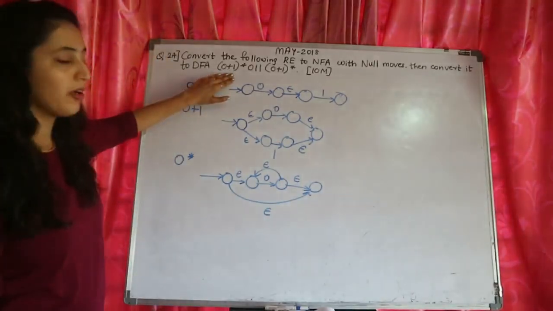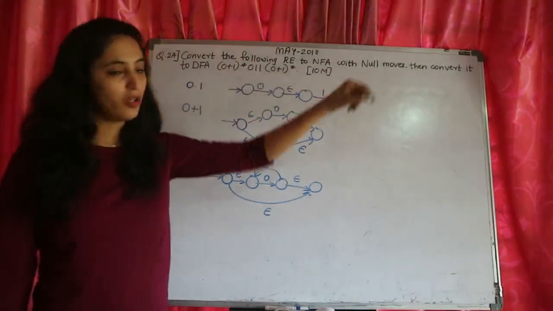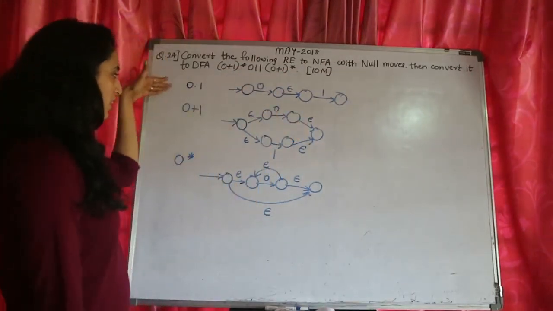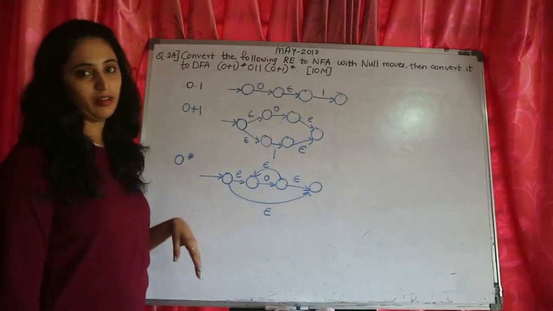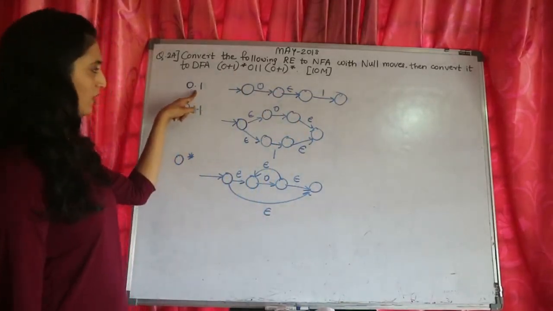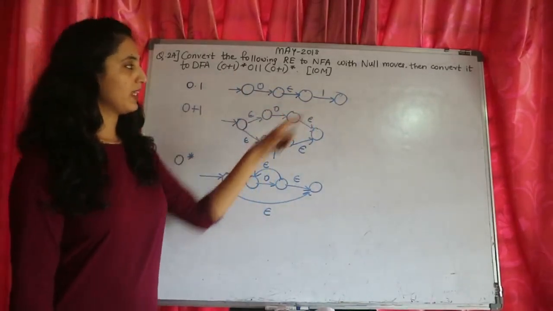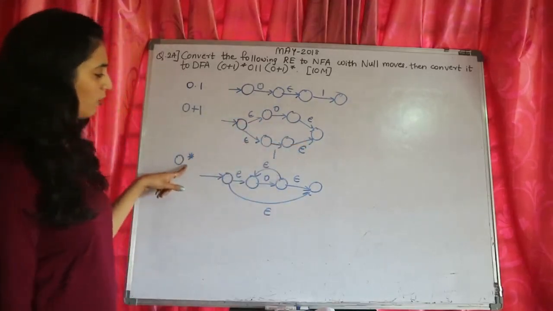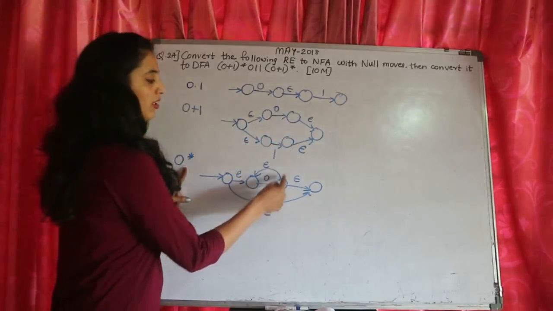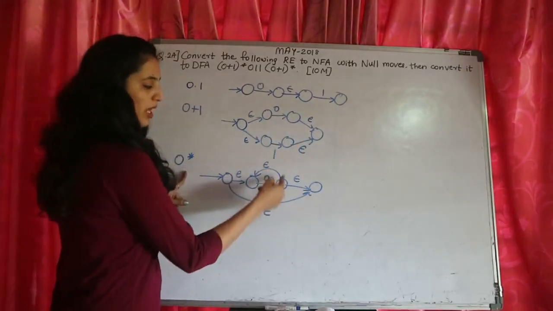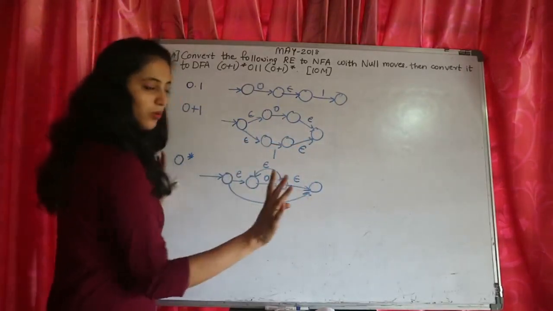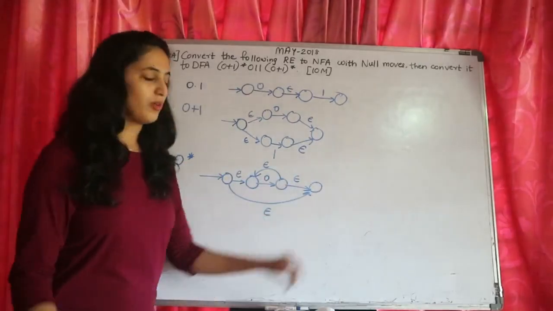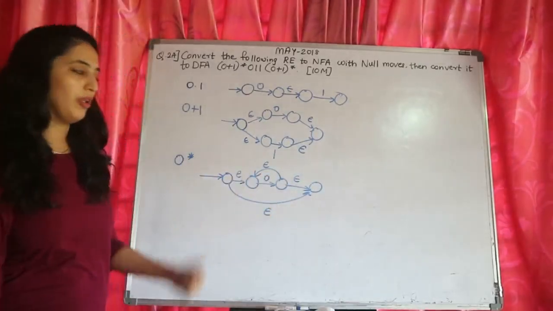Before converting any regular expression to an NFA with epsilon moves, we should know the different rules of converting it. If there is a dot, that is concatenation, we solve it like this. If there is a plus sign, we solve it like this. And if there is a closure, we handle repeated symbols, 0 many times or no occurrence, that is 0 occurrences of that particular symbol.